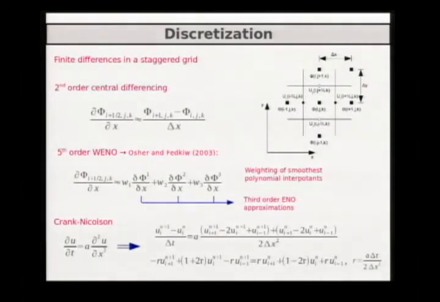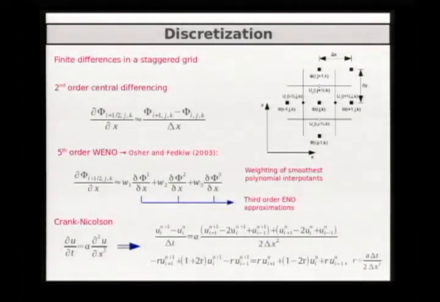For the discretization, we use a staggered grid. Again, the code is in 3D, but here we just show a schematic of a two-dimensional staggered grid. The scalar variables we place at the cell centers, and the vector variables at the sides.